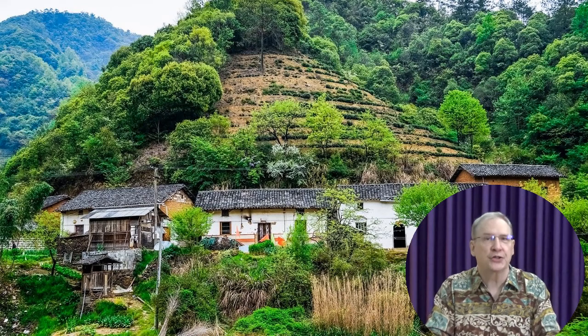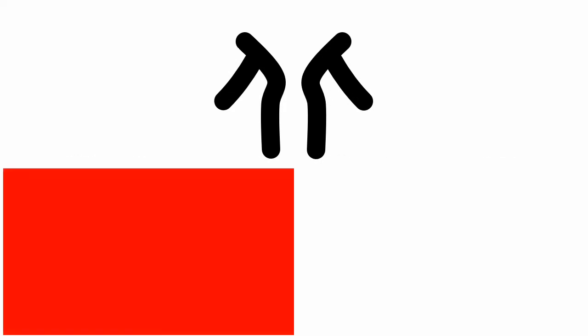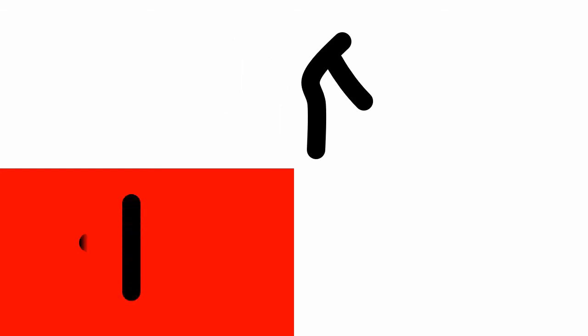The last cardinal point is north, which according to our village plan means the direction behind us, preferably a mountain or a hill. The origin of this character is two people back to back. Pronounced third tone, bei, bei.